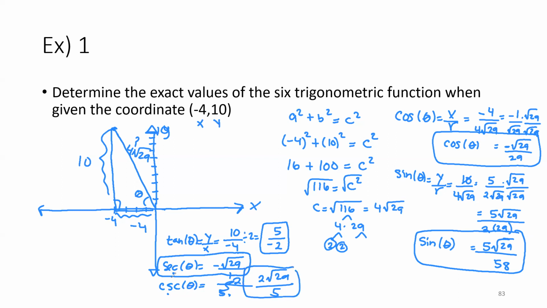And then the last one is cotangent theta, which is the reciprocal of tangent. So really it's just negative 2 over 5. Okay, so that is your six trigonometric functions when given those coordinates.